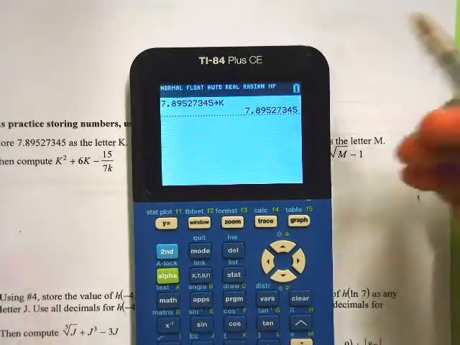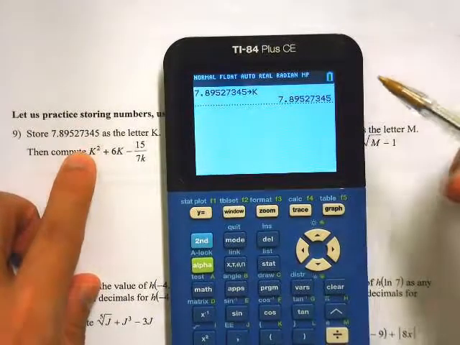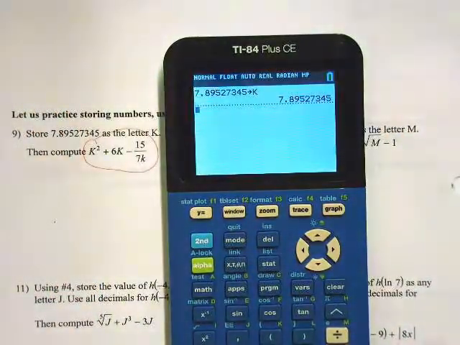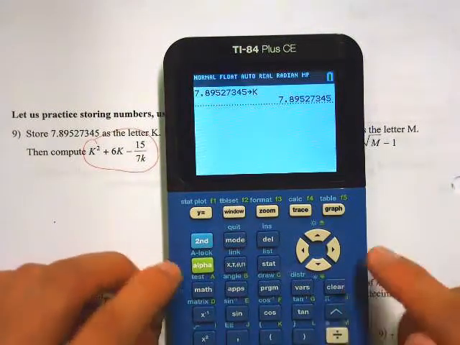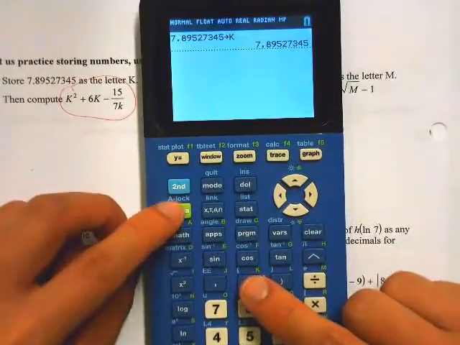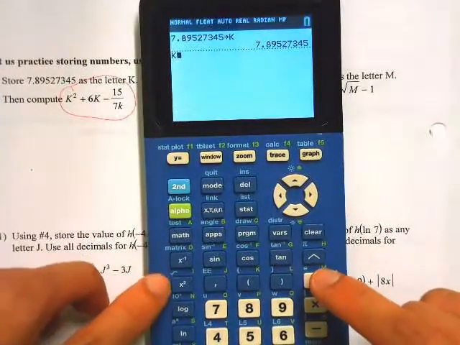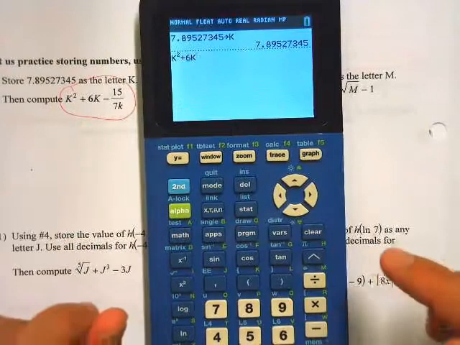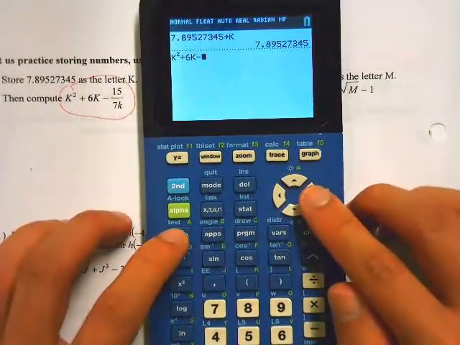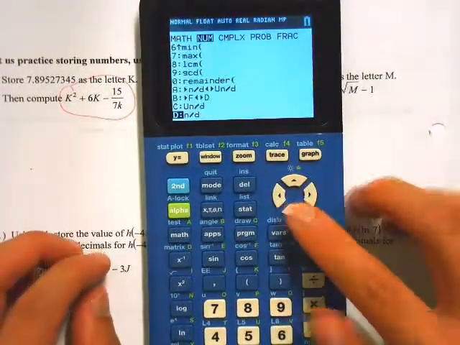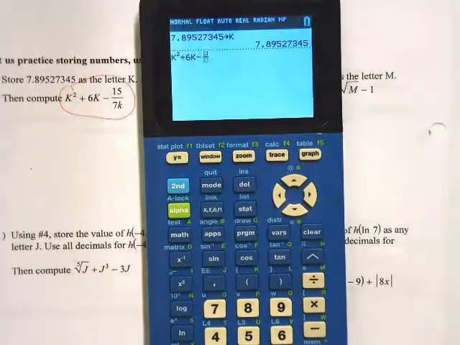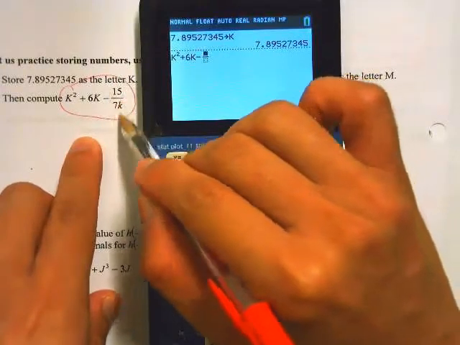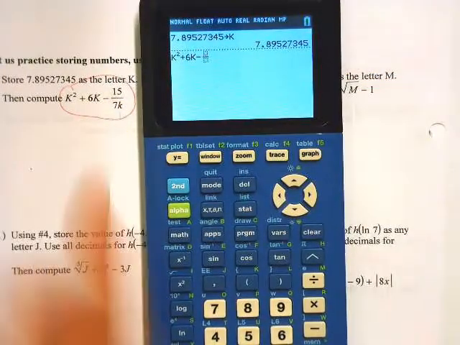Then we're going to type in the K's in the calculator because it has already been stored as that specific number for k. So let's go ahead and do that. We're going to have to do alpha again. So alpha k squared is over here already, plus 6 alpha k minus, and then there's a fraction, so I'm just going to use my number. It just helps a lot, especially that way you're not having to put parentheses around over here, which you should if you're using the division sign.